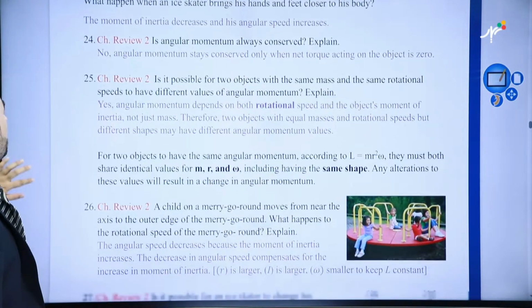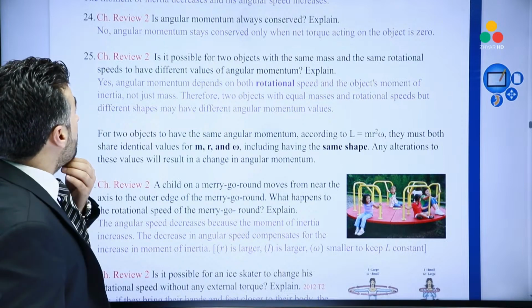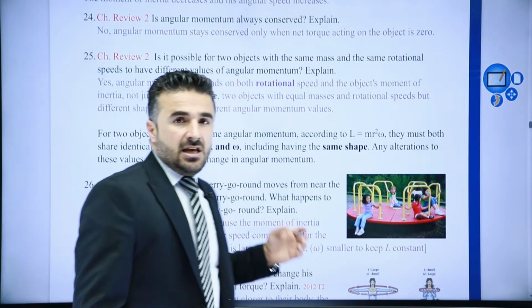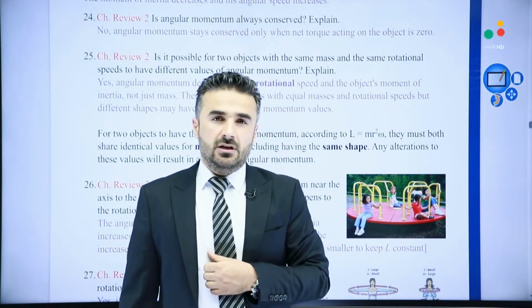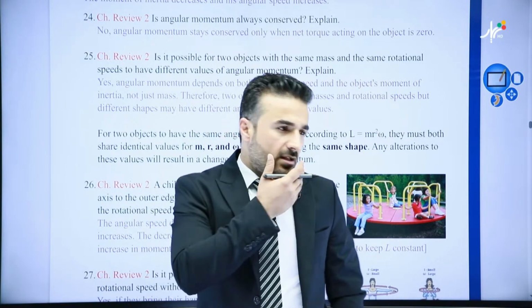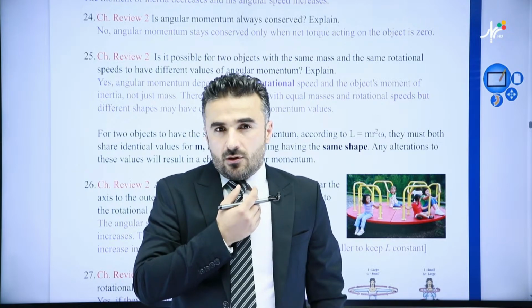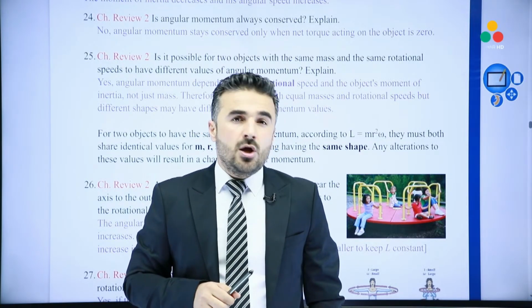Now take a look at question 24 in the chapter review. It says, is the angular momentum always conserved? That is a very good question. Can we say the angular momentum is always conserved? Explain your answer. So tell me, what do you think about this? We said there's only one condition for the angular momentum to be conserved. What was that one?